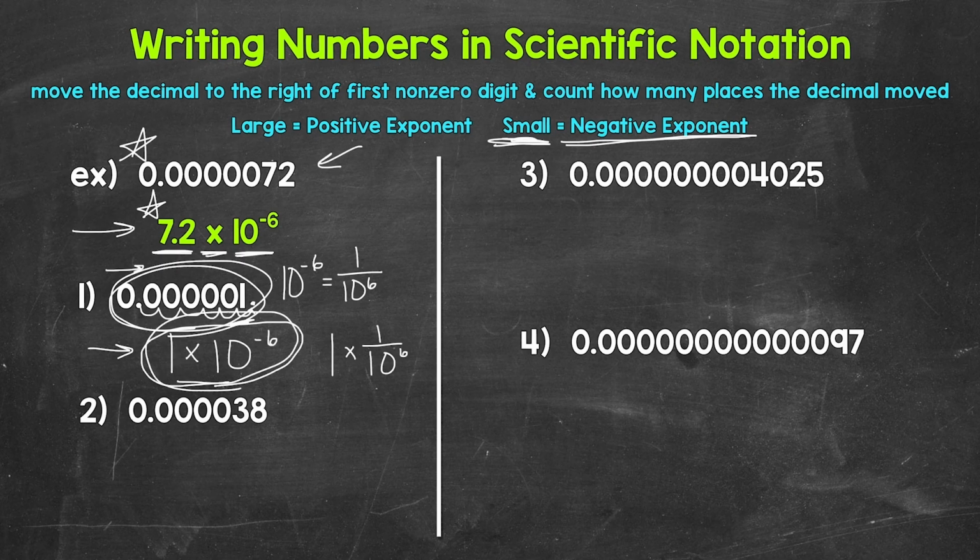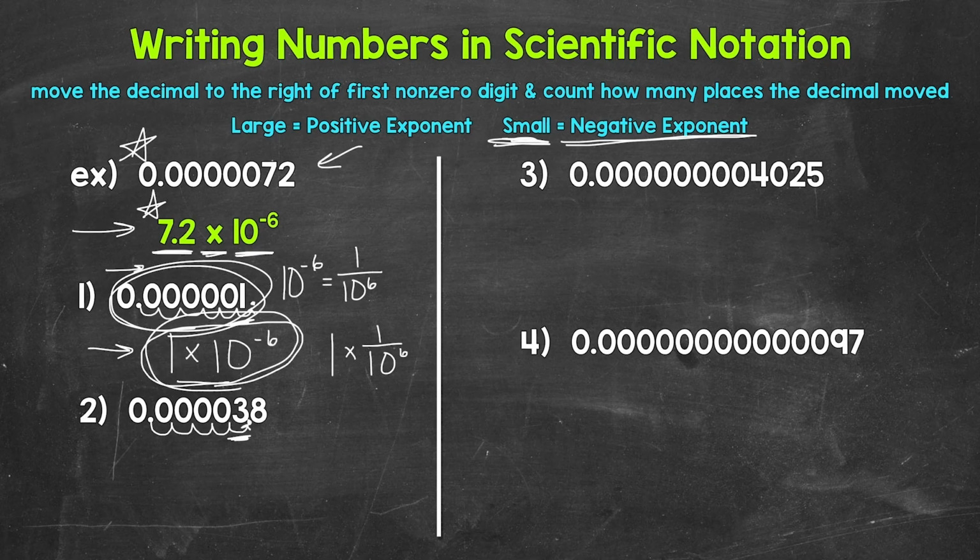Let's move on to number 2, and we need to start by finding the first non-zero digit. So looking from left to right, this 3 is the first non-zero digit. So we need to move the decimal to the right of that. So we need to move it once, twice, 3 times, 4 times, 5 times. So the decimal goes right here.